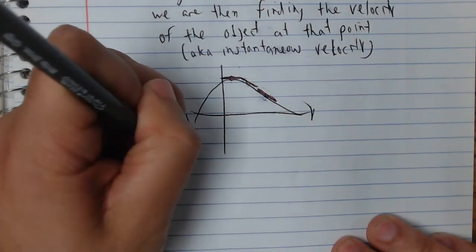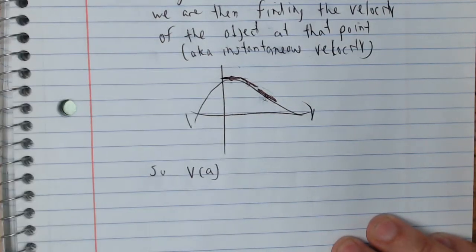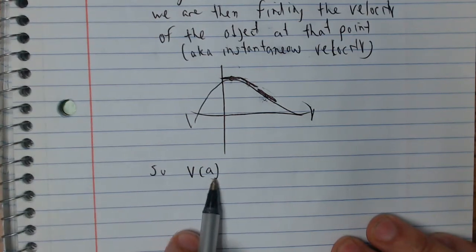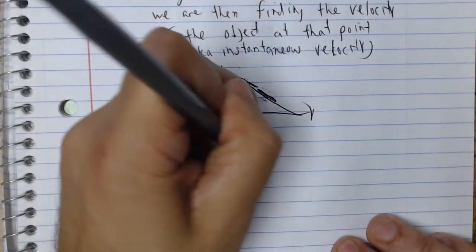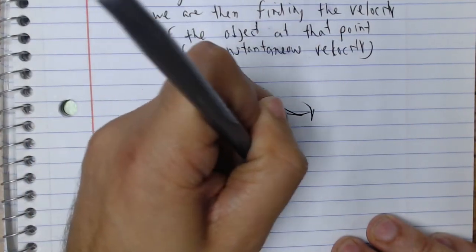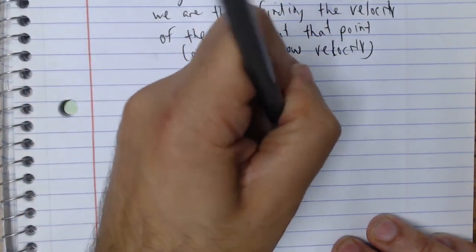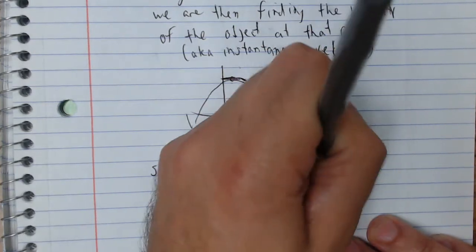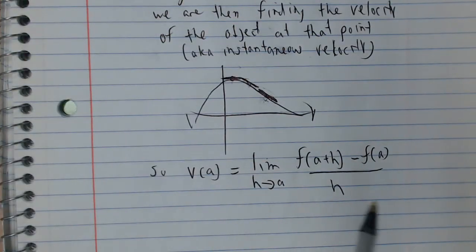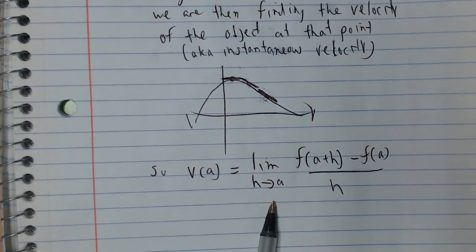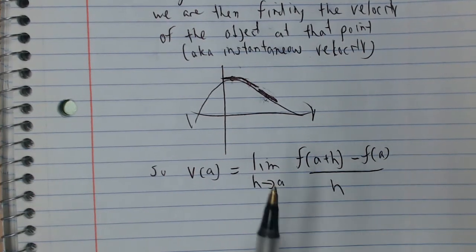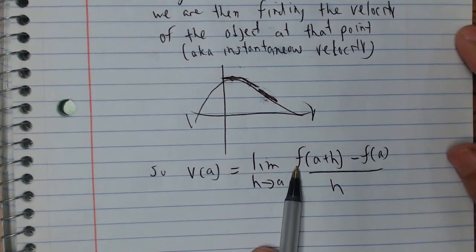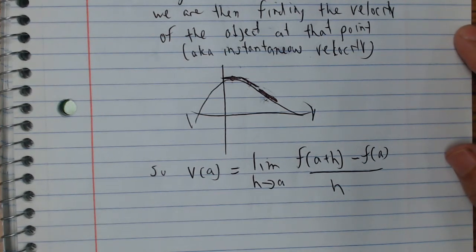So the velocity of an object at some given value a is simply what? The limit as h approaches 0 of f of a plus h minus f of a all over h, which notice is strictly the same thing that we did for example 1, or when we talked about the slope of the tangent line. However, what's the extra condition? What must f be? f represents the position function.